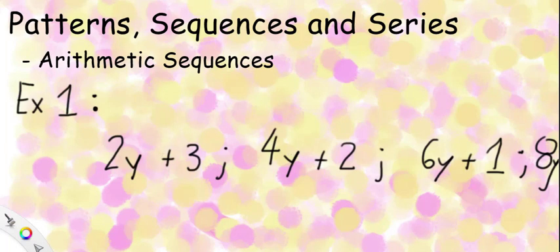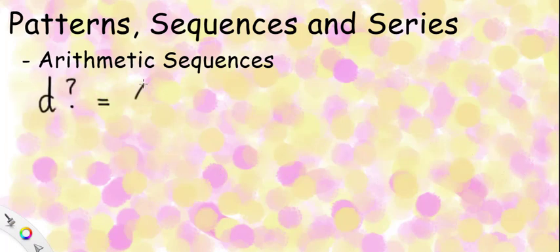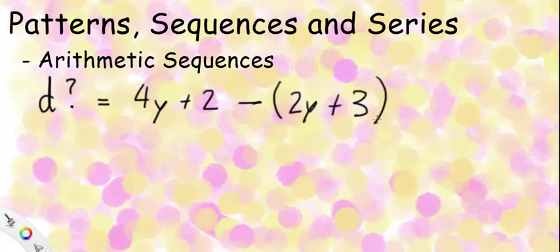We're gonna have 4y plus 2 minus, put brackets, 2y plus 3. The brackets are very important because the minus sign is going to essentially be distributed into each and every term, because 2y plus 3 is one term. It's not two distinct terms. So please always remember to put in brackets.